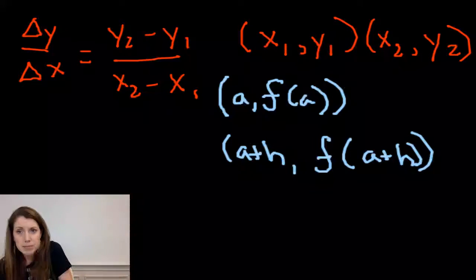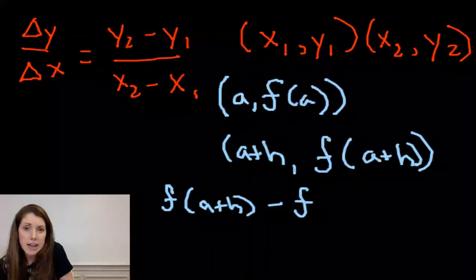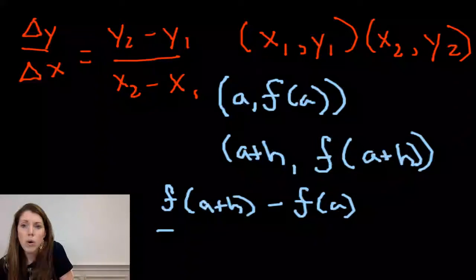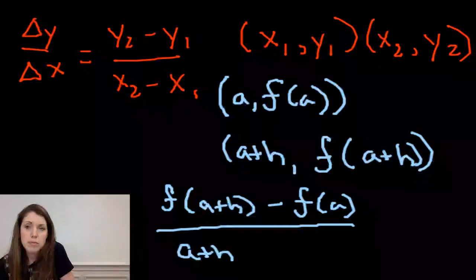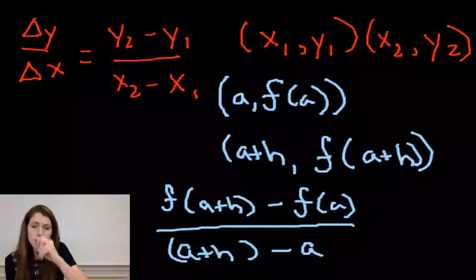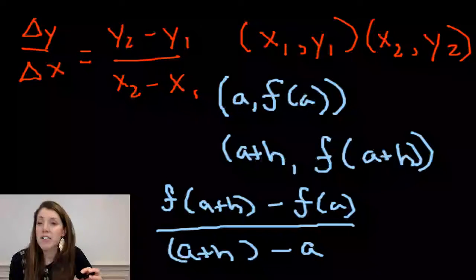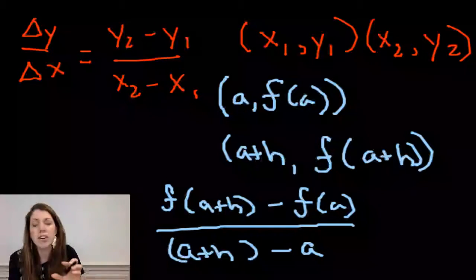So that would be, let's do f of a plus h minus f of a all over a plus h minus a. Okay, so that is the formula for finding the average rate of change between two very, very close points.